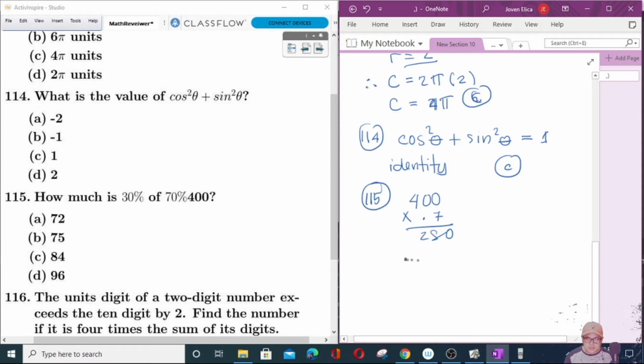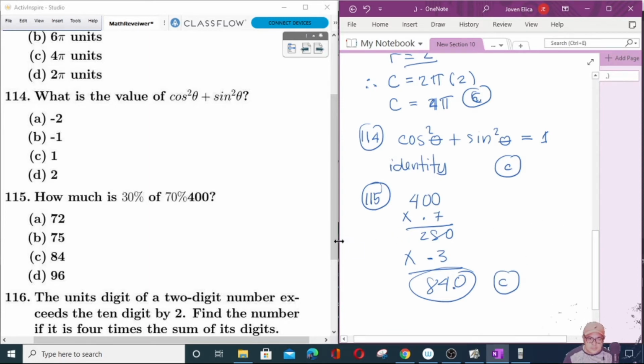Then after that, get the 30%, 0.3. For 30%, just move the decimal to the left twice. This is equal to 84. The answer is 84, letter C.